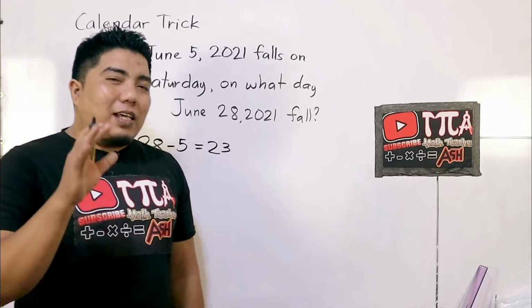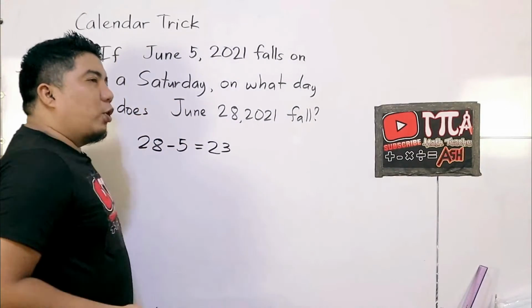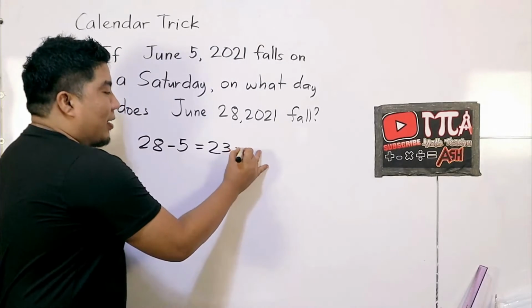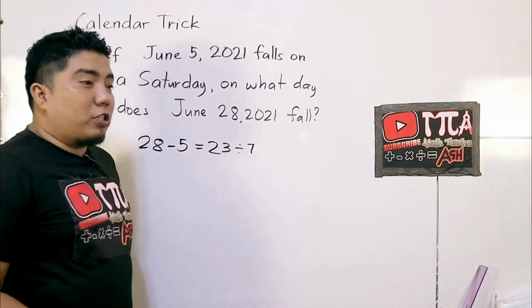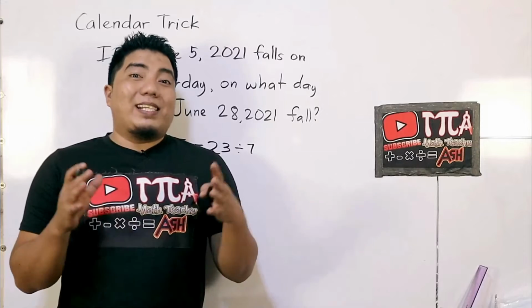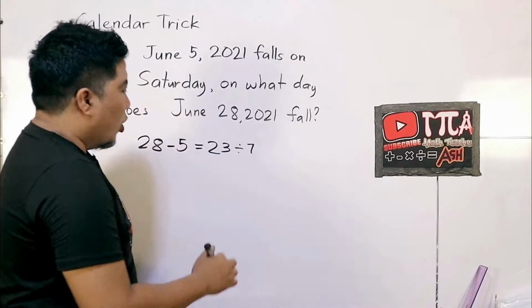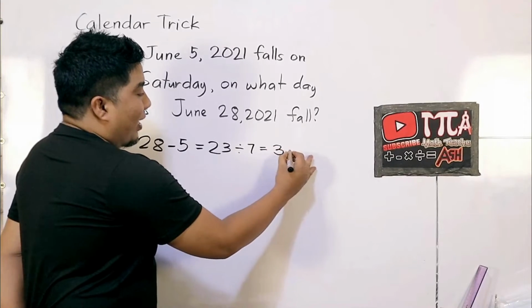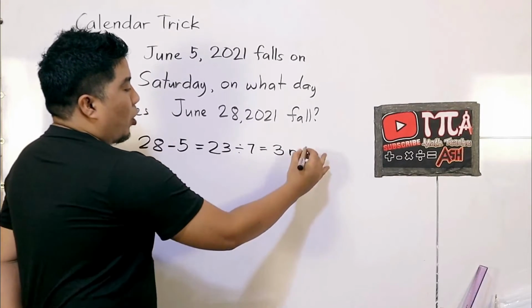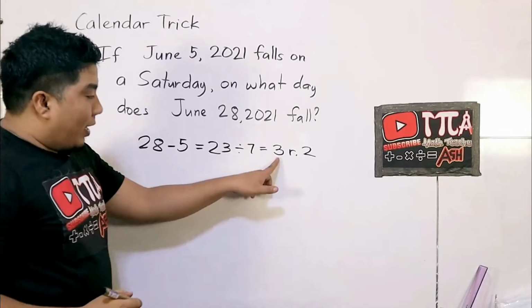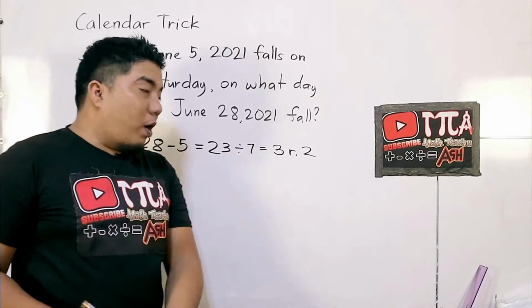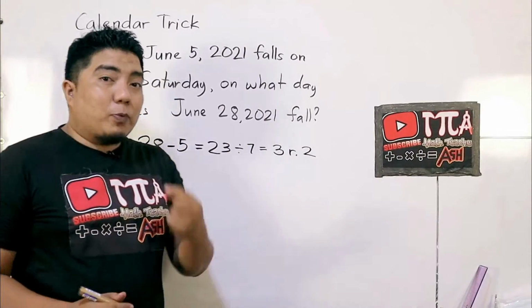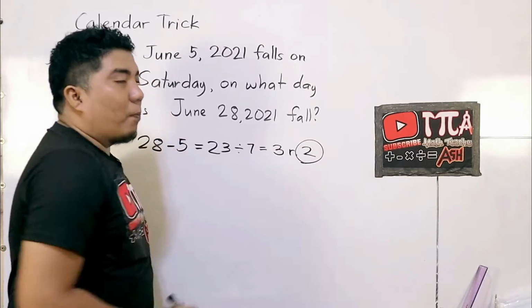So, the technique here is as follows. You divide the answer by 7 because in a week, there are always 7 days. So 23 divided by 7, the answer is 3, remainder 2, because 3 times 7 is 21, but since this is 23, we have a remainder of 2.